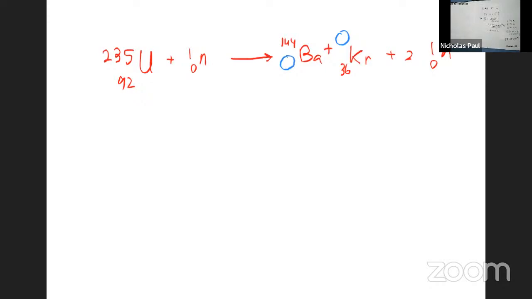One neutron hit it, and it produced two neutrons.